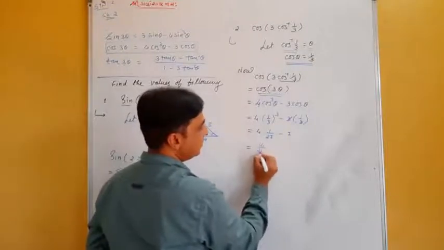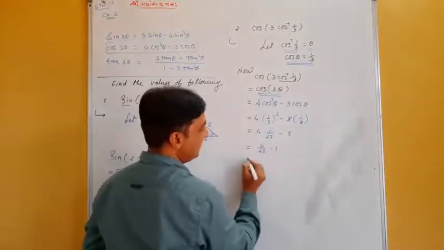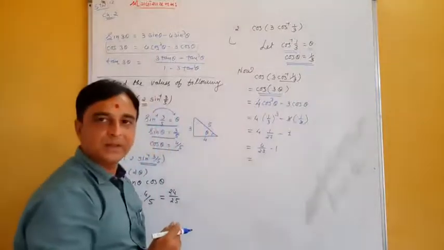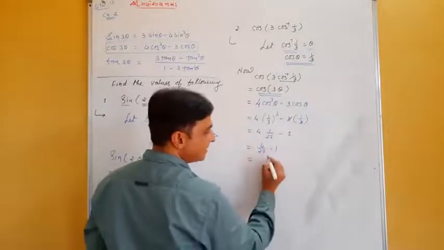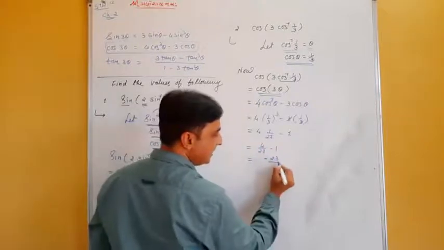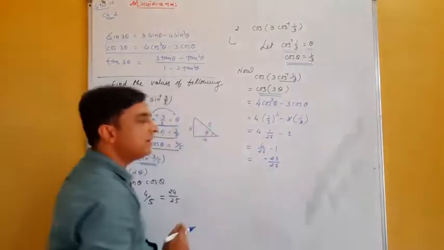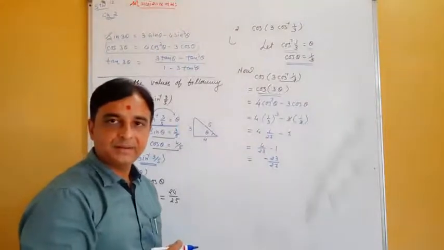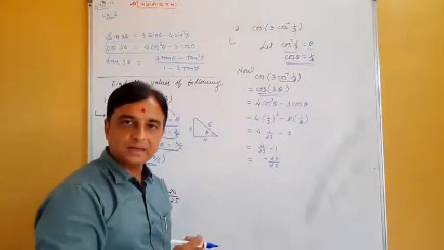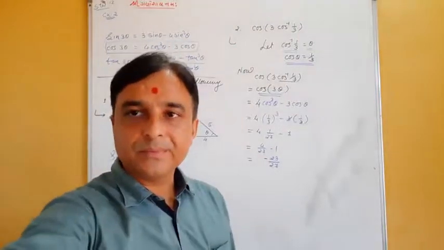Now it's 4 by 27 minus 1. Taking LCM and simplifying, 4 minus 27, minus 23 by 27. Clear? Let's see another example also.